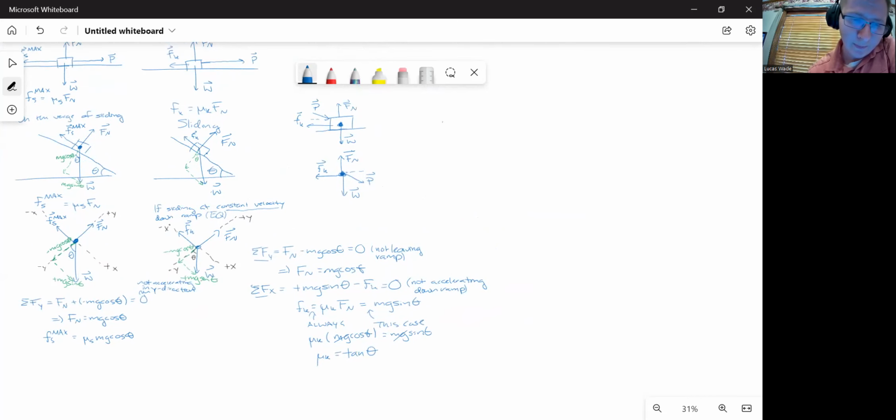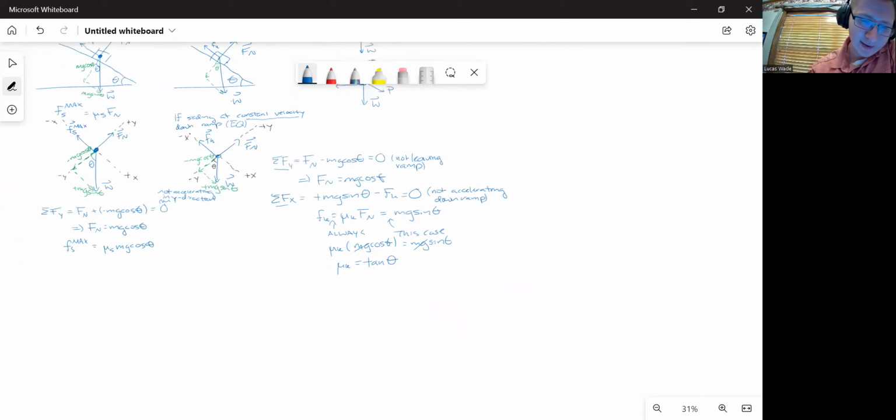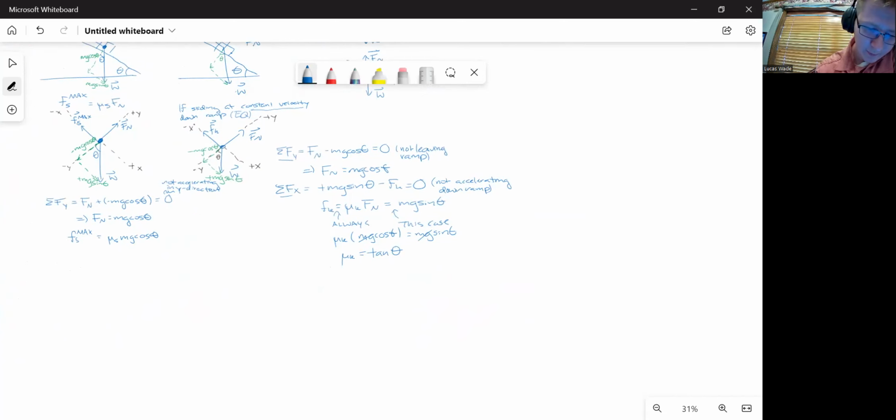Okay, and now the other case is for sliding, accelerating, let's say down the ramp in this case. The free body diagram is exactly the same. It's just the net force in the x direction, which is still mg sine theta minus that force of kinetic friction, is now equal to what?